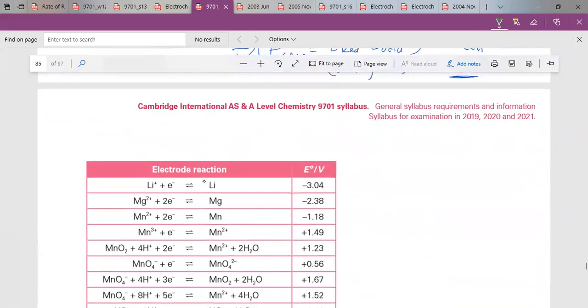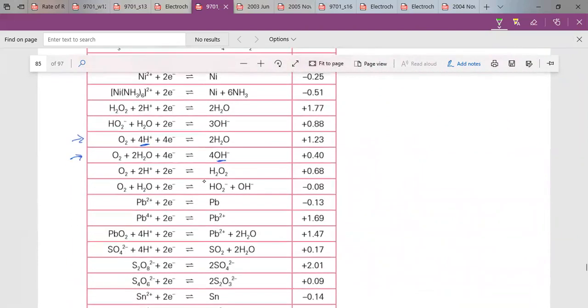Now oxygen here. I put it down so I won't miss it. Sometimes I'm quite blind. Oxygen, acidic here. There are 4 oxygens, 1, 2, 3, 4. I must be careful. I must not choose hydrogen peroxide, because there's nothing going to water.